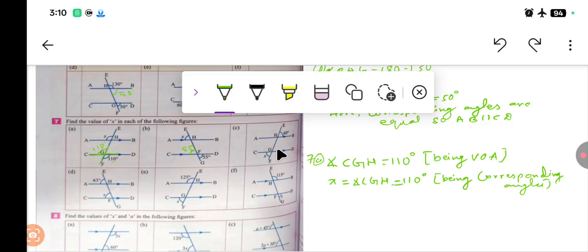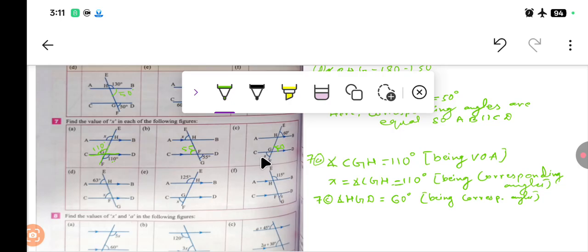Now I can write this angle HGD, it means in this 7c, angle HGD is equal to 60 degree. Why? Being corresponding angles, I'm writing it in short form. Being corresponding angles, I can get this one as 60.